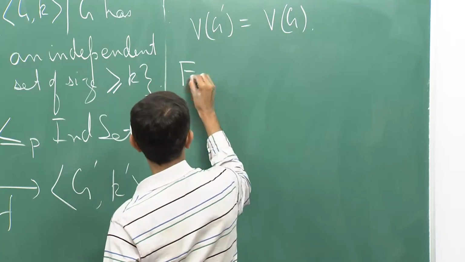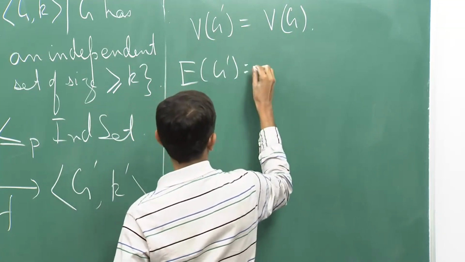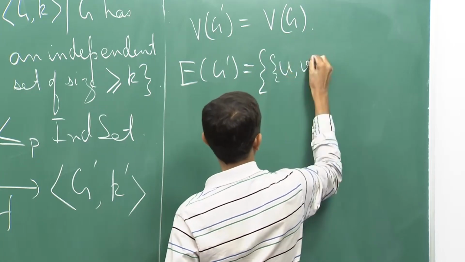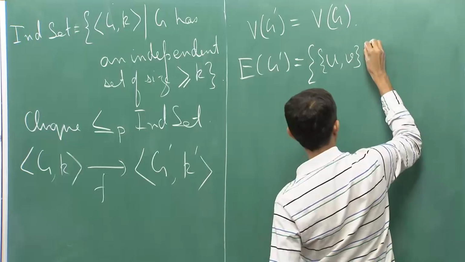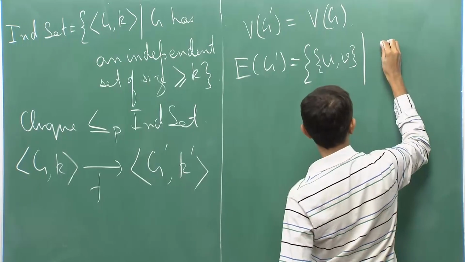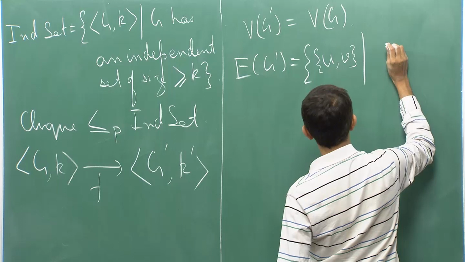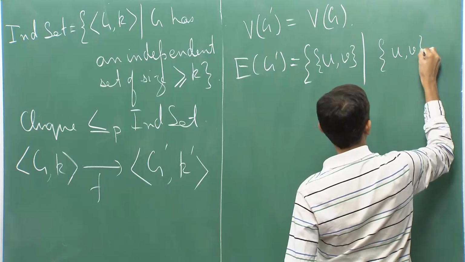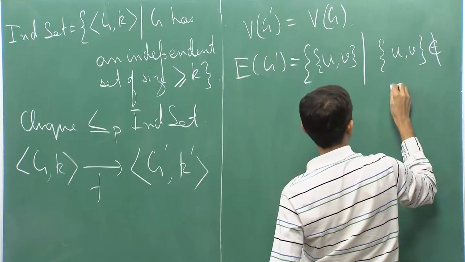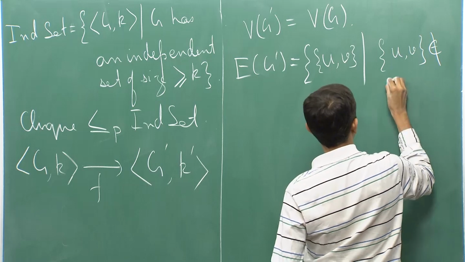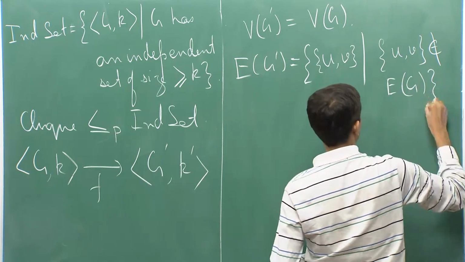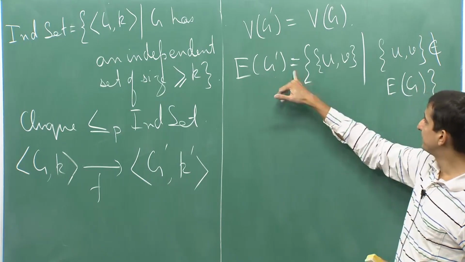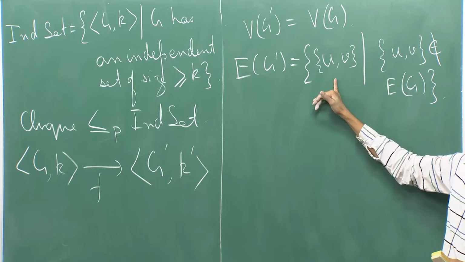Now, the edge set of G prime is defined as follows. u comma v is an edge in G prime if uv is not an edge in E of G. And this is equality, which means that this exactly consists of those pairs.